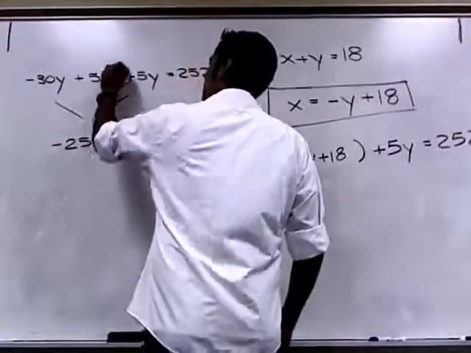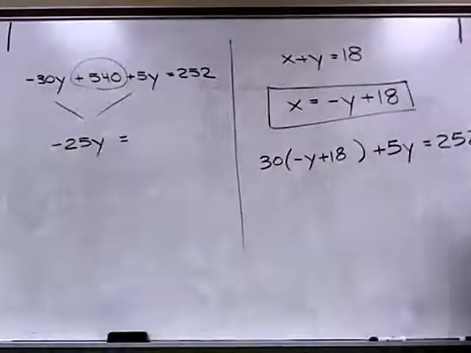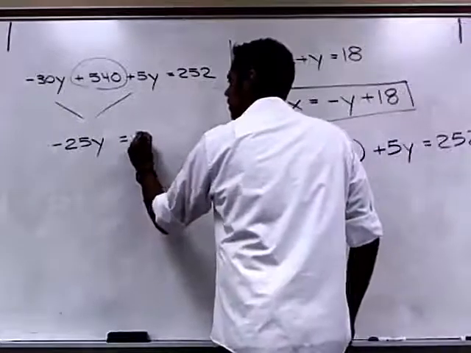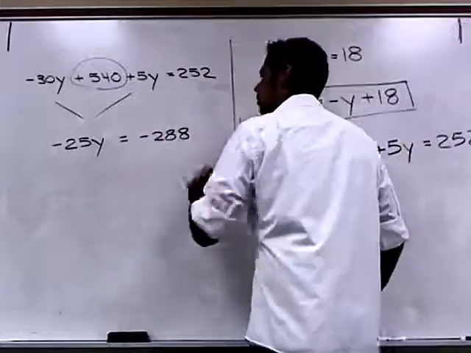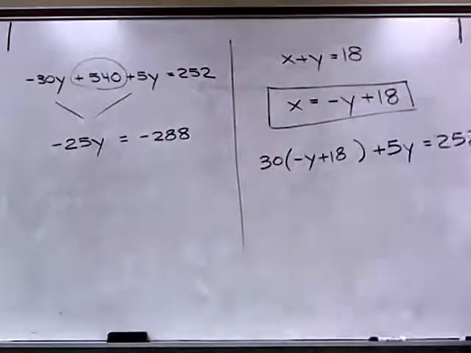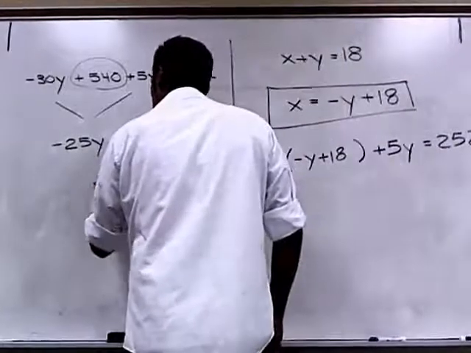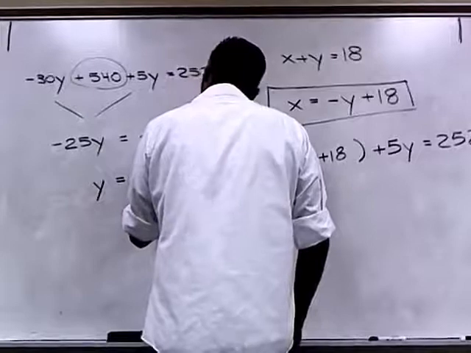And then let's go ahead and take the 540 to the other side by subtracting it. If I subtract 540 on both sides, what will I have? Negative 288. Do you all agree? Now divide through by negative 25, and what do you have? What is it? 11.52.